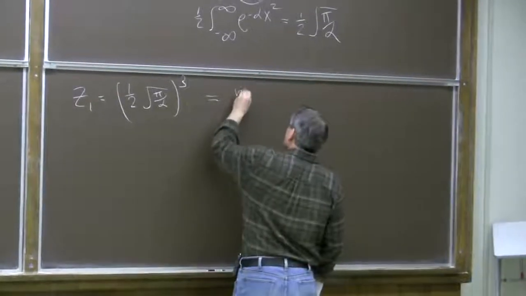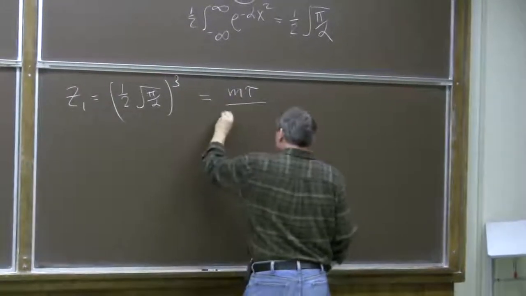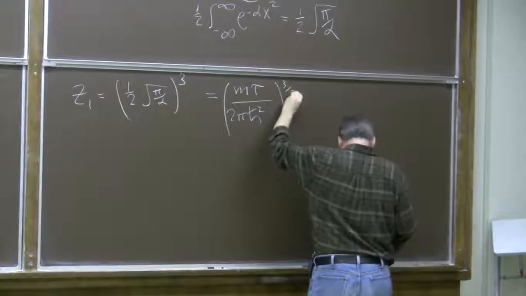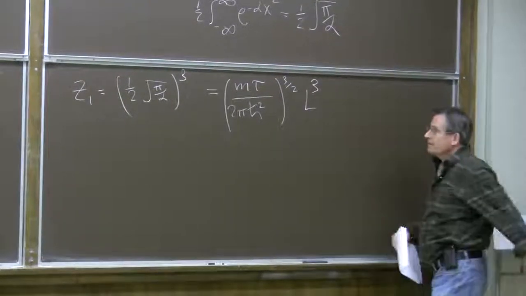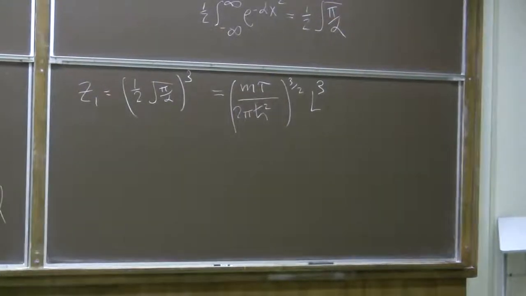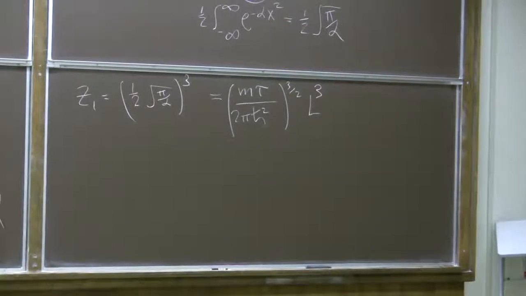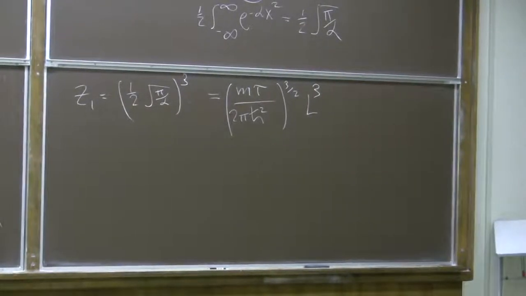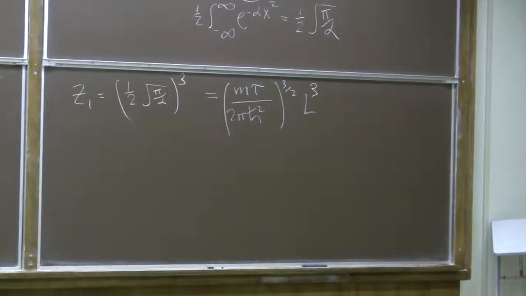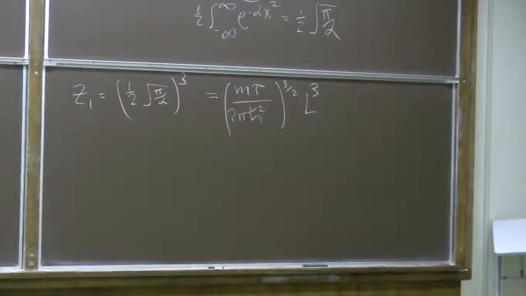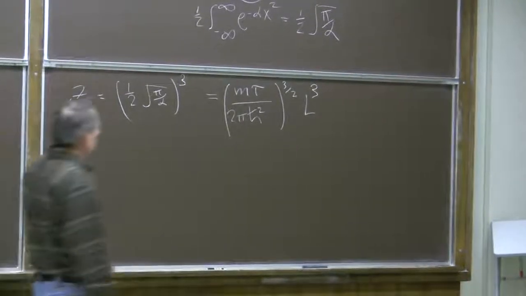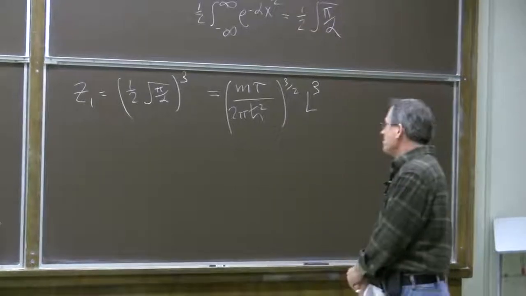And then what I have left is (mτ over 2πħ squared) to the 3/2 times L cubed. Right, because I had a 1 over alpha under the square root, and then the square root got cubed. There was a π squared here, which became a 1 over π squared because it's 1 over alpha, but then there's a π in the numerator that cancels that. And I combined the 2's together, so that's what I got.